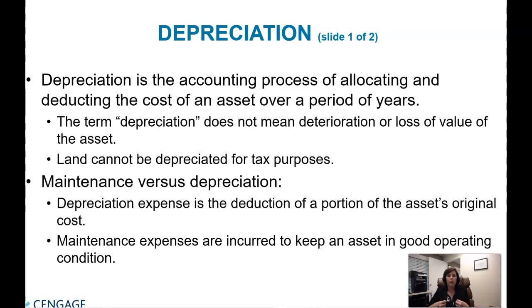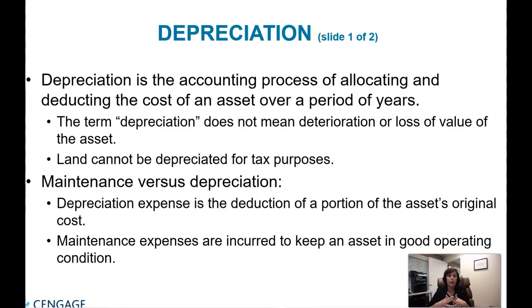I think depreciation often is misunderstood by students new to accounting because they think about it in the way that the term may be used in layperson's terminology. In other words, they may think of it as wear and tear or the physical deterioration of a business asset. And that is not what depreciation is.